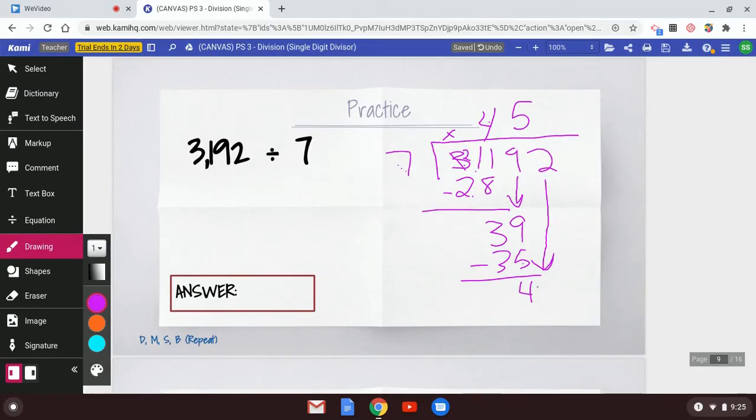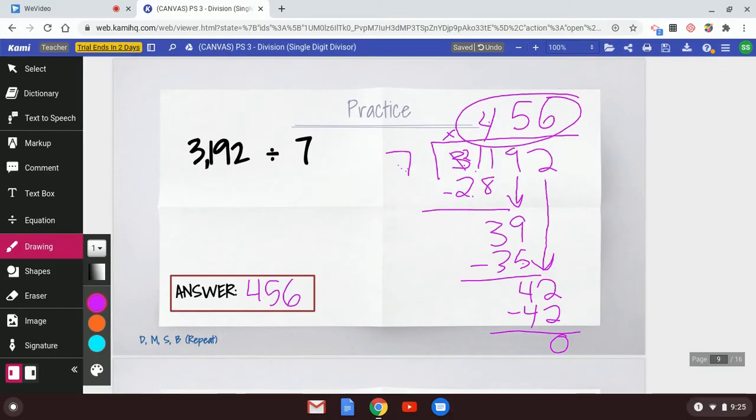Bring it down, brother. All right, I don't have a 0 yet. So 7 into 42. What times 7 equals 42? 6 times 7 is 42. And then I have a 0, so I have my quotient here, and I will write it down in my answer box.